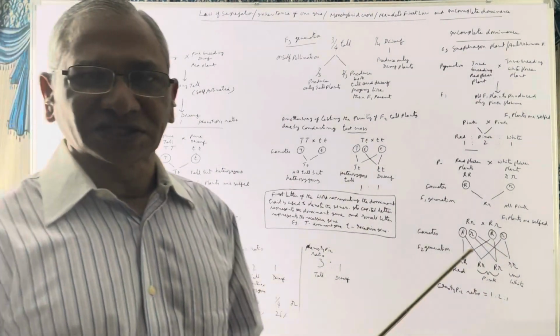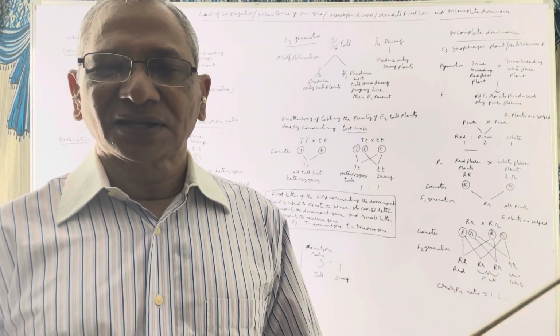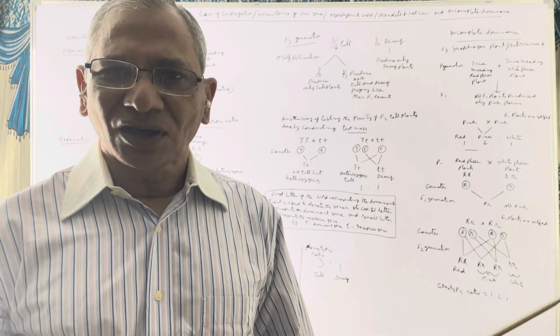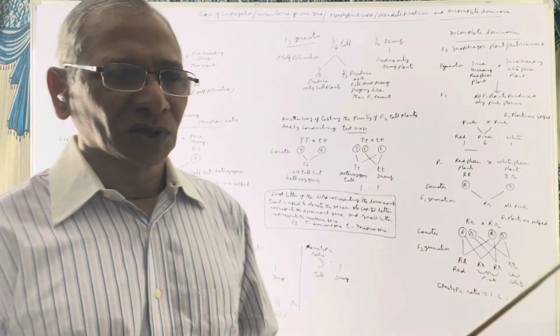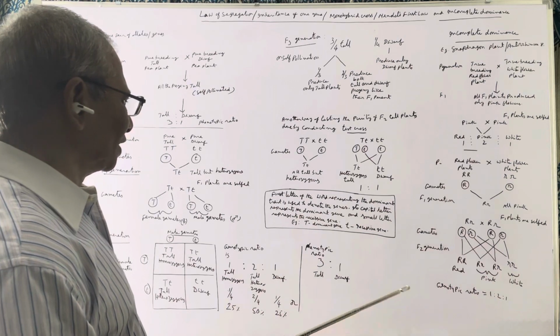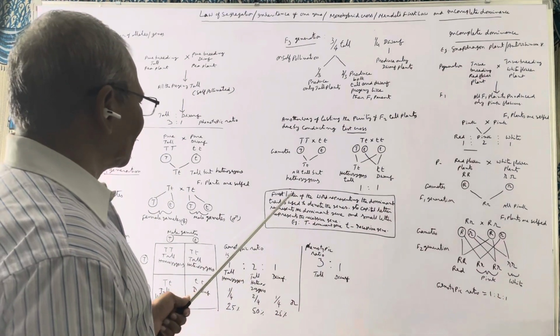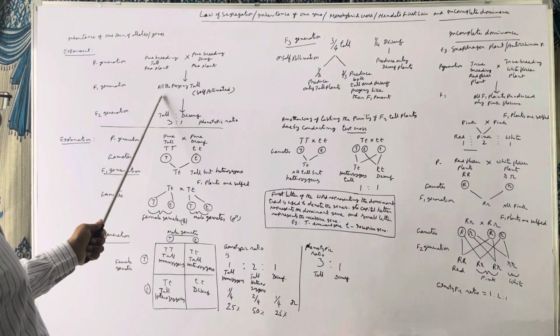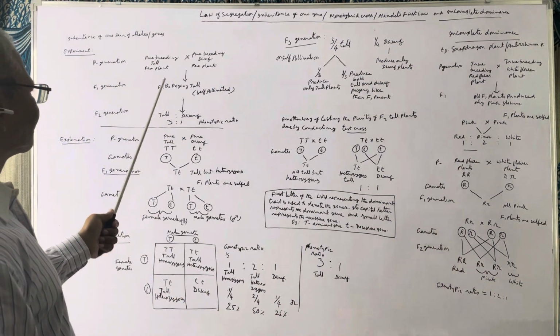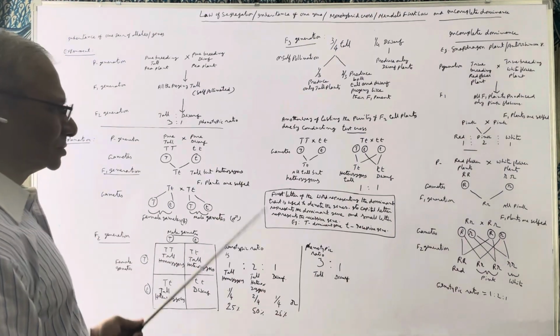So he hypothesized that the factors controlling a trait are either dominant or recessive. So how to designate them? Always the dominant trait is taken. Here what is the dominant trait? Tall.